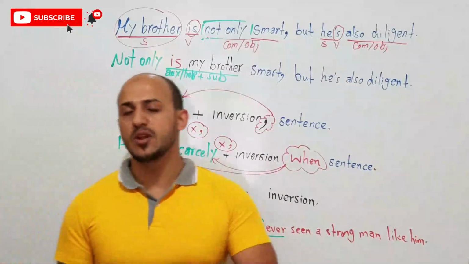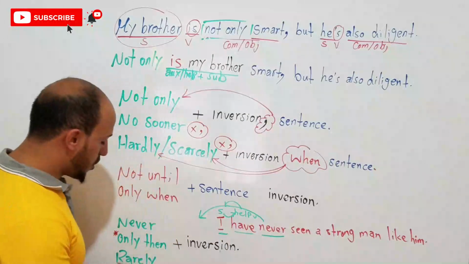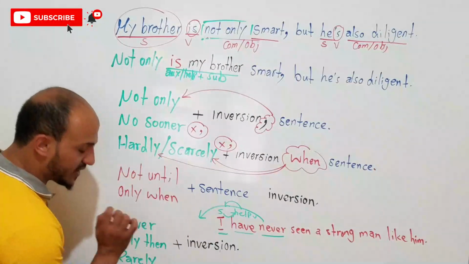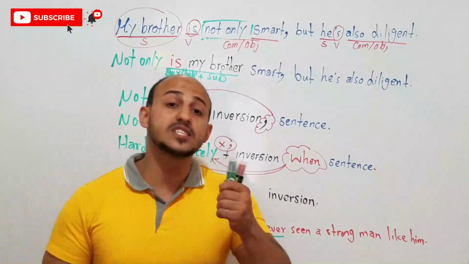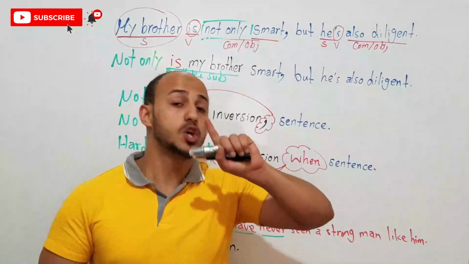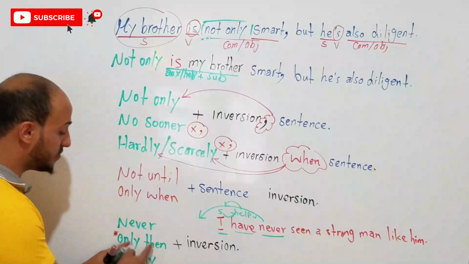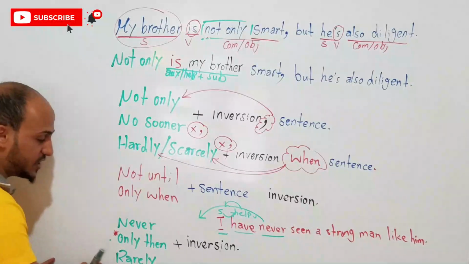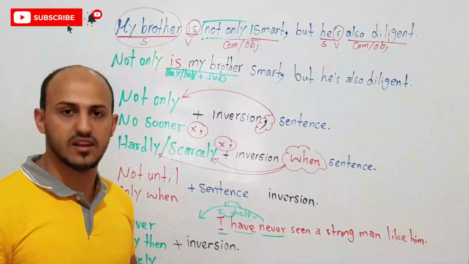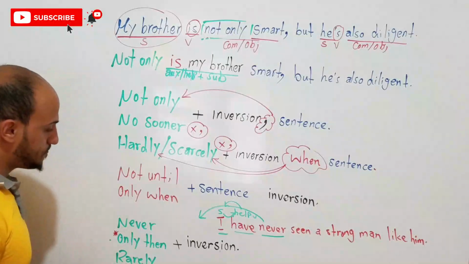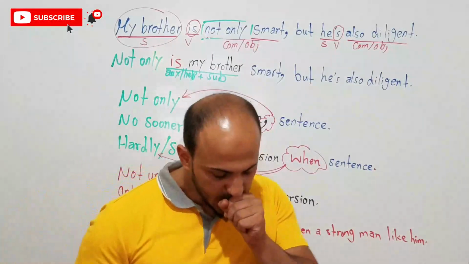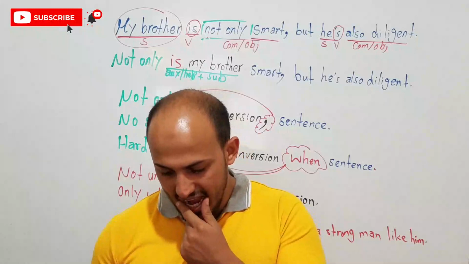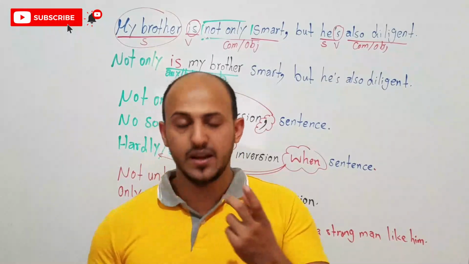Yeah, we still have only 1 point, guys. So remember, guys, when you use only then, you must use a sentence before. You must use a sentence before, okay? Then, of course, you're going to stop the sentence. Then you bring me the inversion with only then, all right? So, for example, all right.